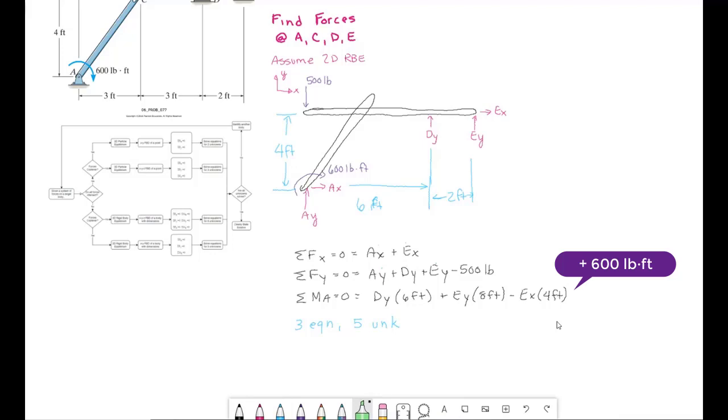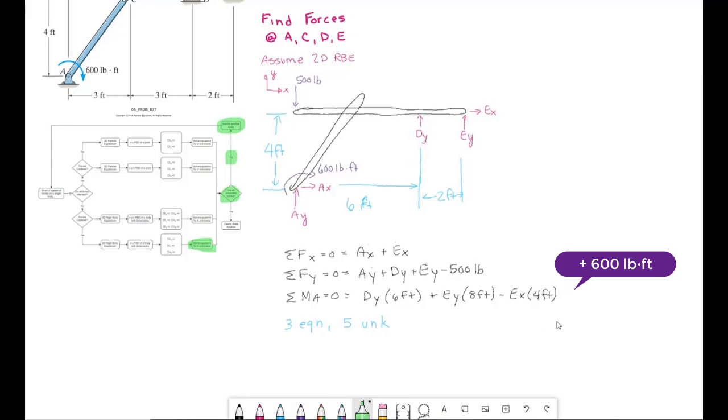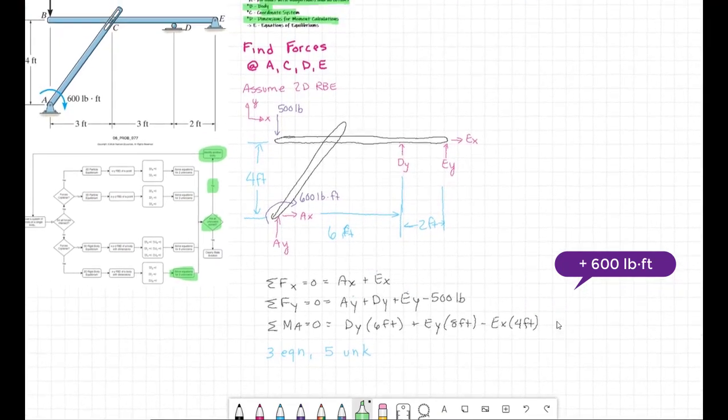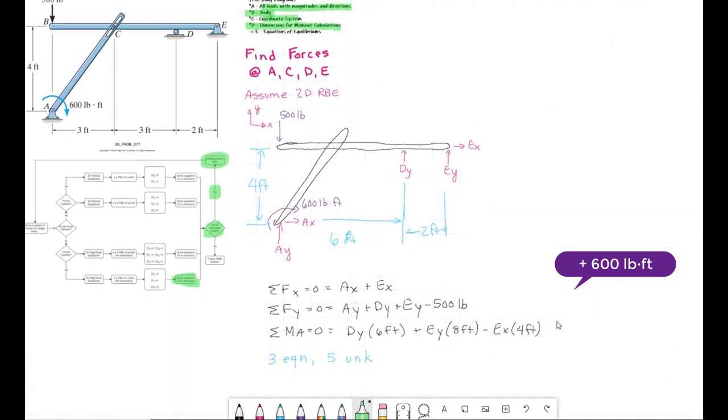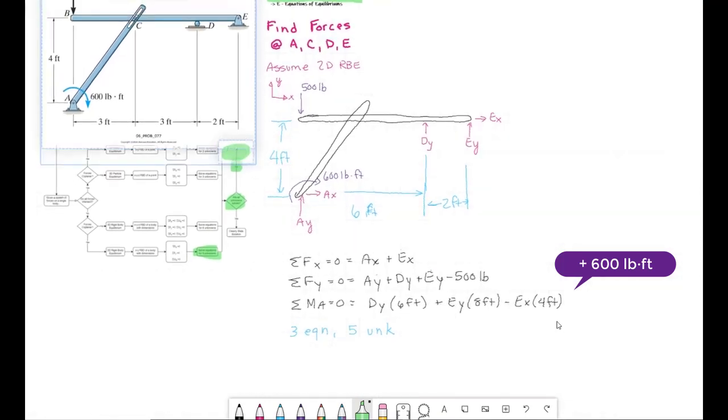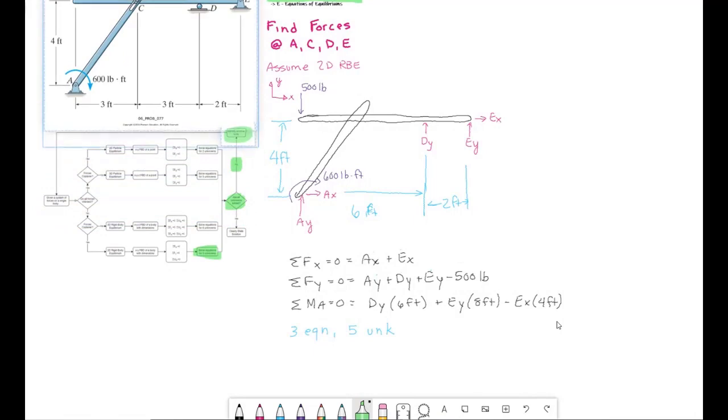Which means when we go to get all our unknowns solved, we're in a no, so we need to identify another body. When we're selecting which body to go with, we want to pick which one has fewer unknowns.